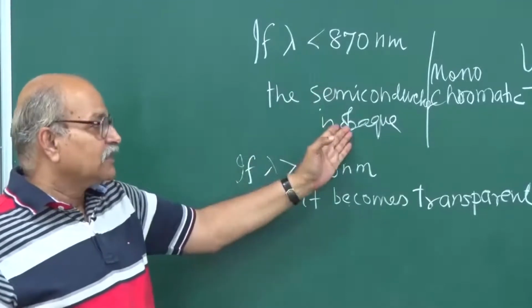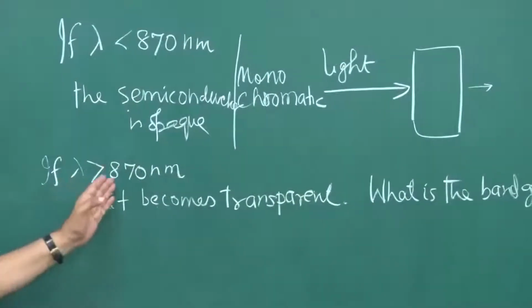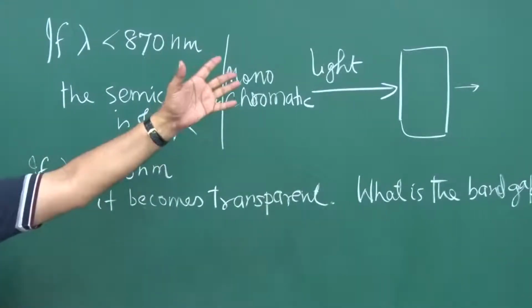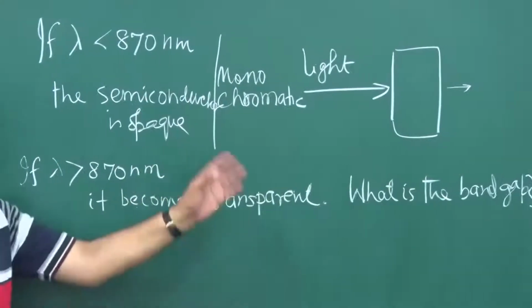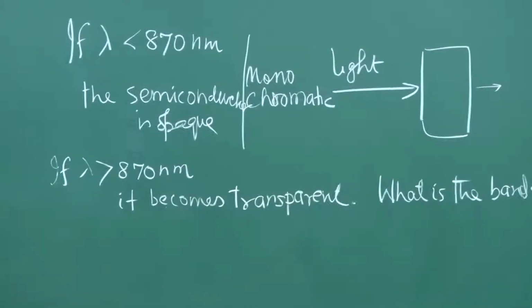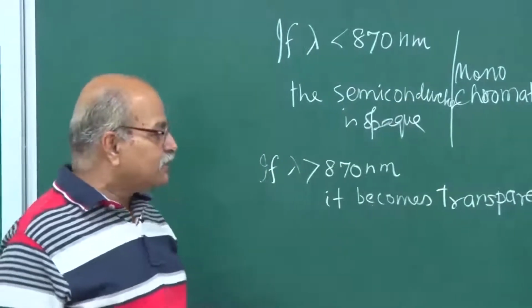It is opaque, the light is not coming out. But when lambda is more than 870 nanometers, then a lot of light is coming out, the absorption is very small, and it looks as if it is transparent. And then what is the band gap? What is the relation of this absorption and the band gap?